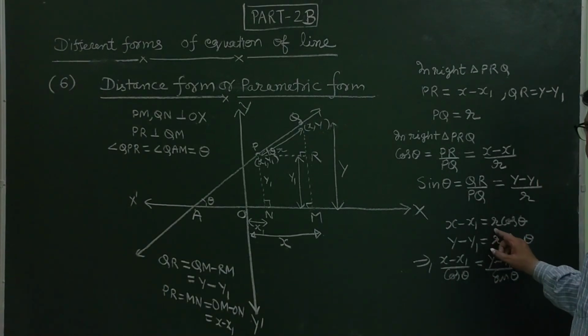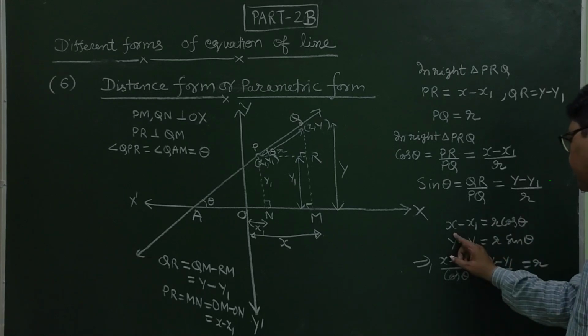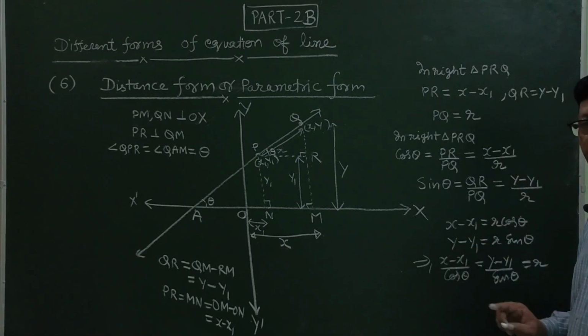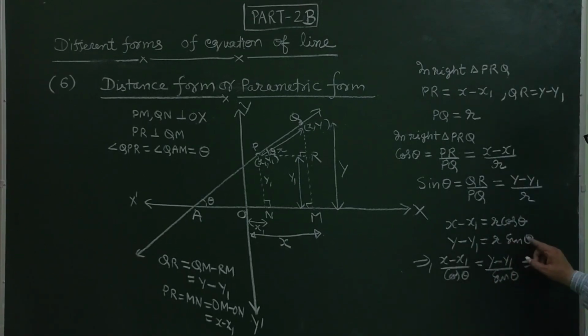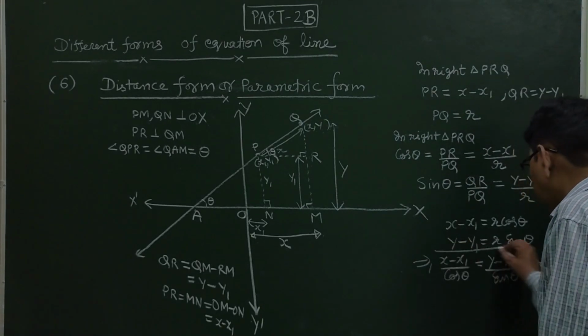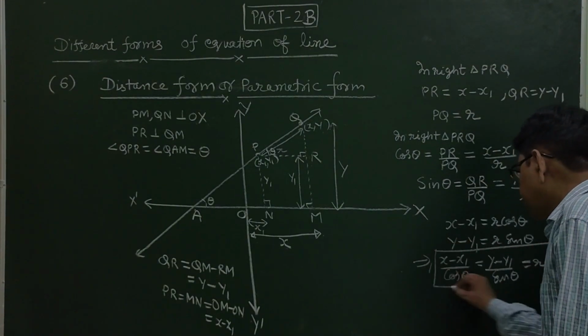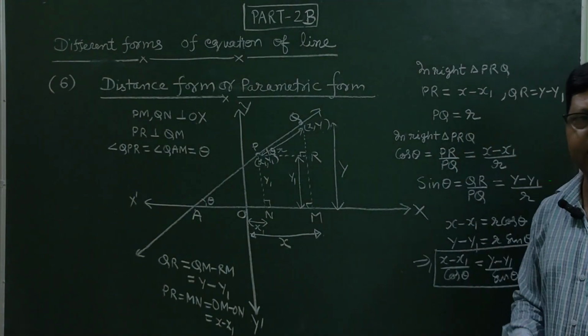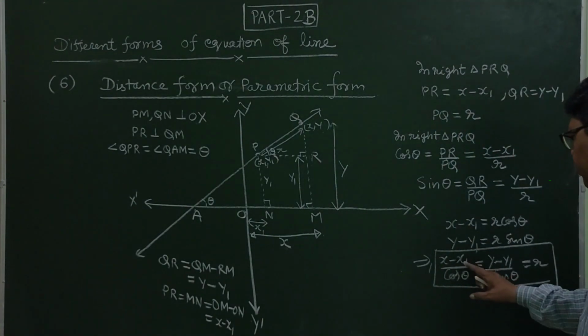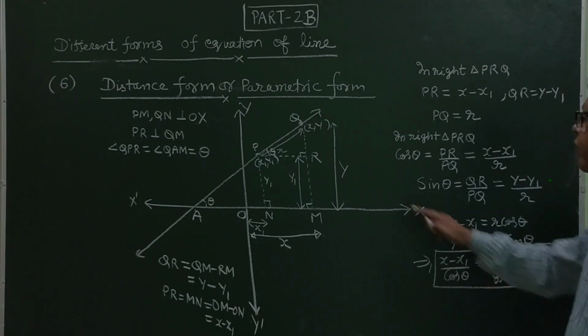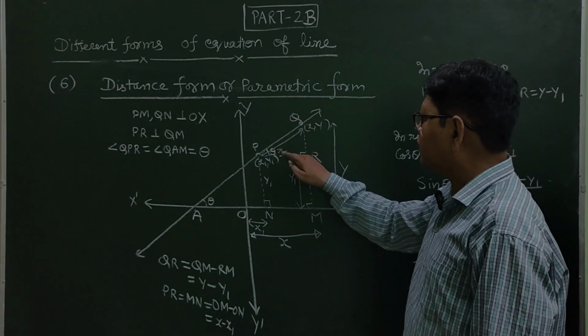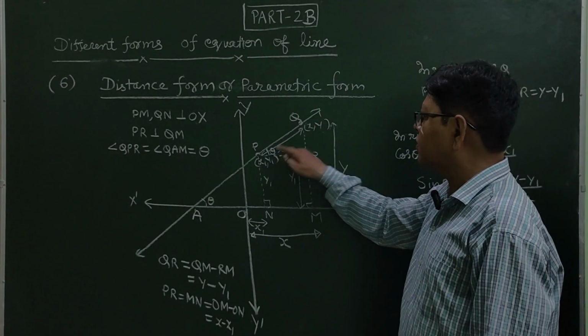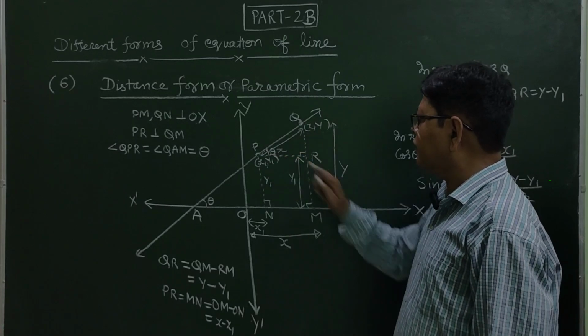From the first we can calculate r is equal to x minus x1 upon cos theta, and from the second r is equal to y minus y1 upon sin theta. This form of the equation of straight line is known as parametric form. Here x and y have been expressed in terms of the distance r and theta. These are known as the parameters.